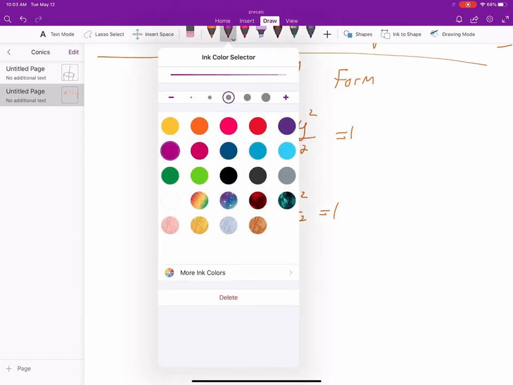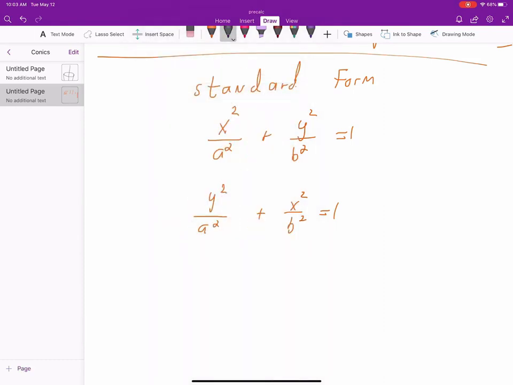I'm going to change color so that I can use a couple different colors here. Let's take a look at, for example, x squared over 9 plus y squared over 4 equals 1. So there's our standard form.